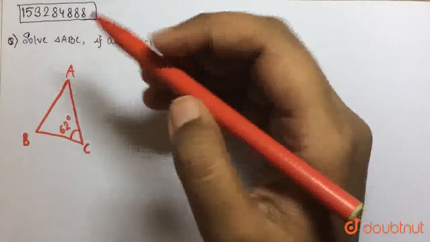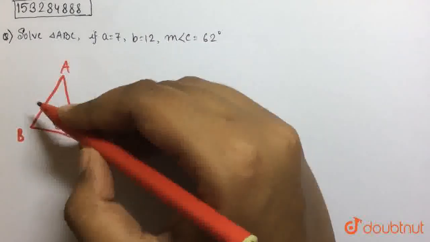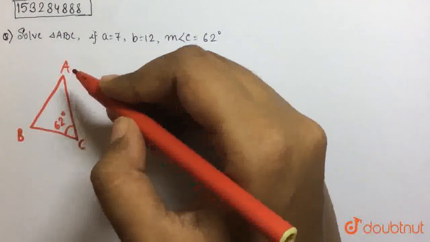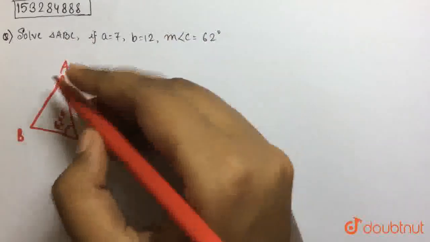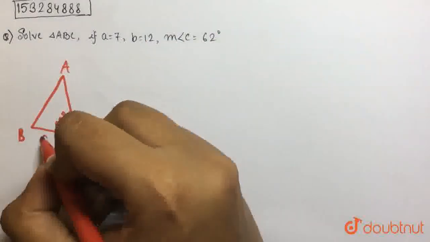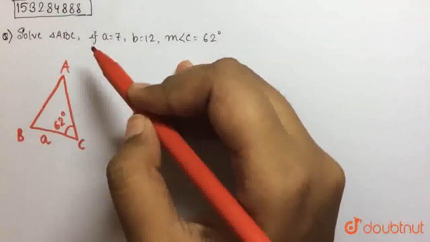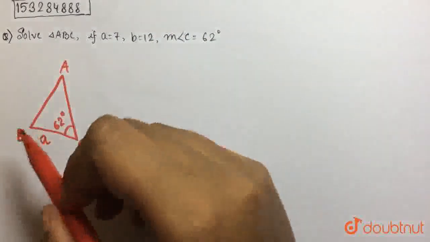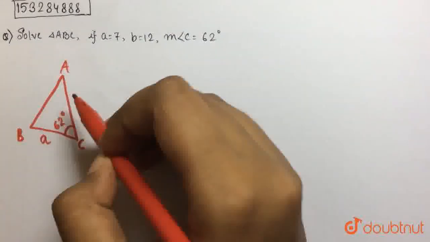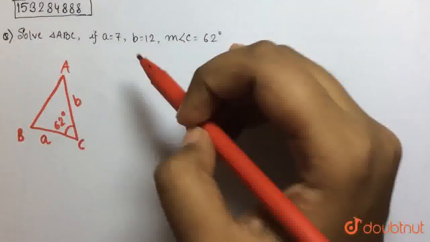Right. So now just remember, for a triangle that has been given as ABC, the side opposite to vertex A will be marked by small a, right? So the dimension of BC is small a, right? Next, opposite to vertex B, this side will be small b, all right, which is 12.